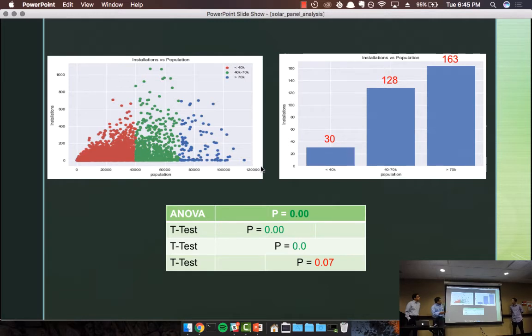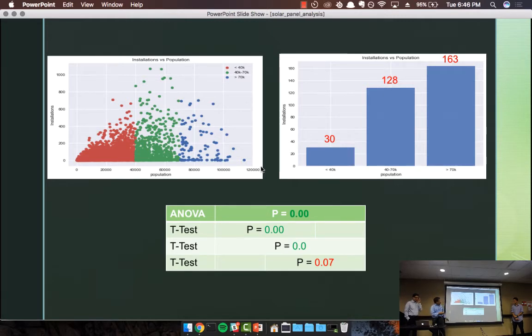Then we also did the statistical tests, right? The ANOVA test, we got very low p values, suggesting the mean installations are significantly different across the 3 groups. Then we did the 2 sample paired t-tests for the 3 groups.